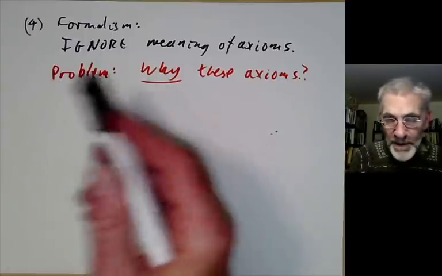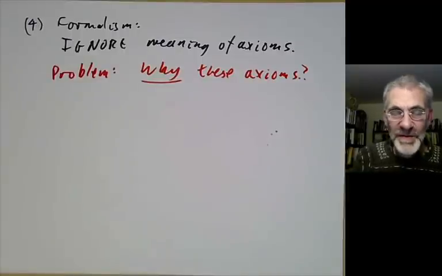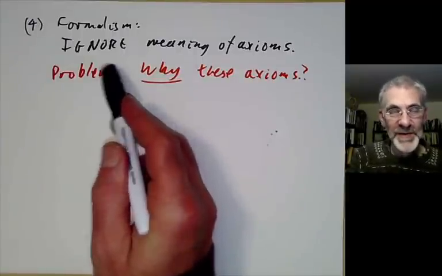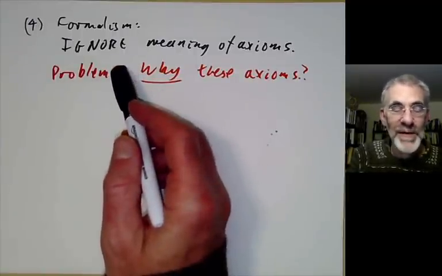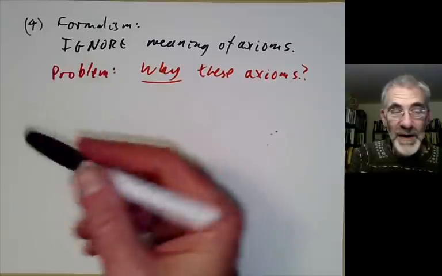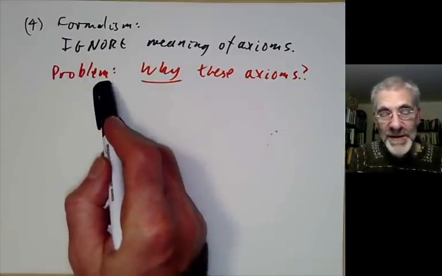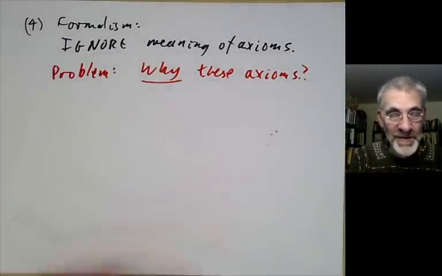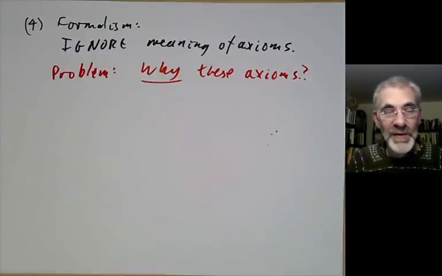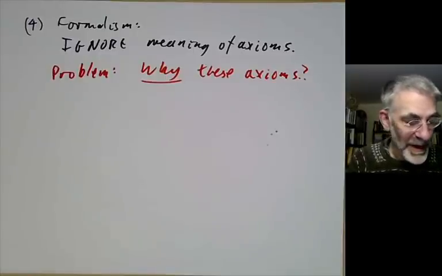So formalism is like sitting on the fence. You don't have to make your mind up about whether these axioms are consistent or not, so you don't have the disadvantage of having to worry about consistency. On the other hand, it makes mathematics seem like a rather dry and pointless occupation.